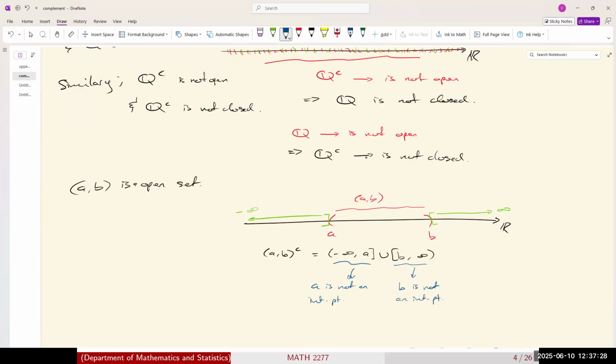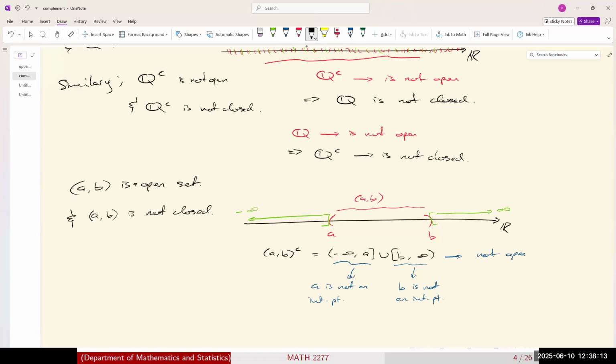The moment a set has a point in it that is not an interior point, that set cannot be an open set. Open set means every single point is an interior point. Because look, I found two points that are not interior points. So if the complement is not open, then the original set is not closed. Okay, so open interval (a, b) is an open set, and open interval (a, b) is not closed.